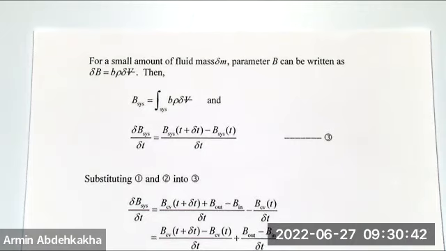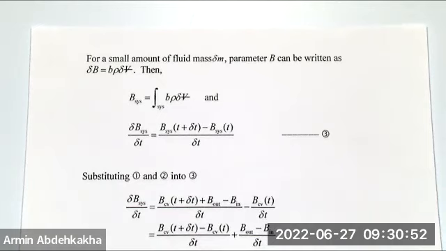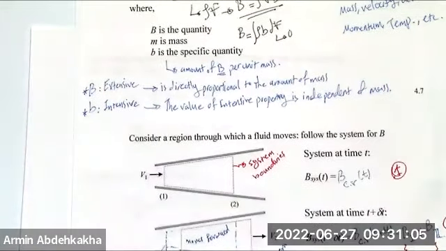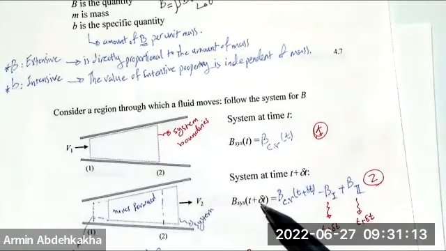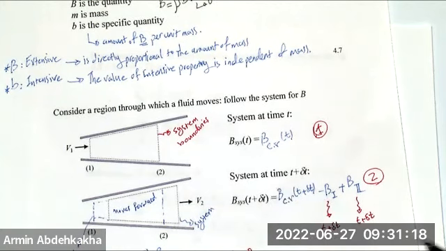When it's at the system and then replaced with the control volume, then we connected these two, right? So in equation 3, you can write the delta B over delta t, which is delta B of the system over delta t. And if you check it out here, what we wrote here is going to be finding the rate: B system at t plus delta t minus B system at t over delta t.